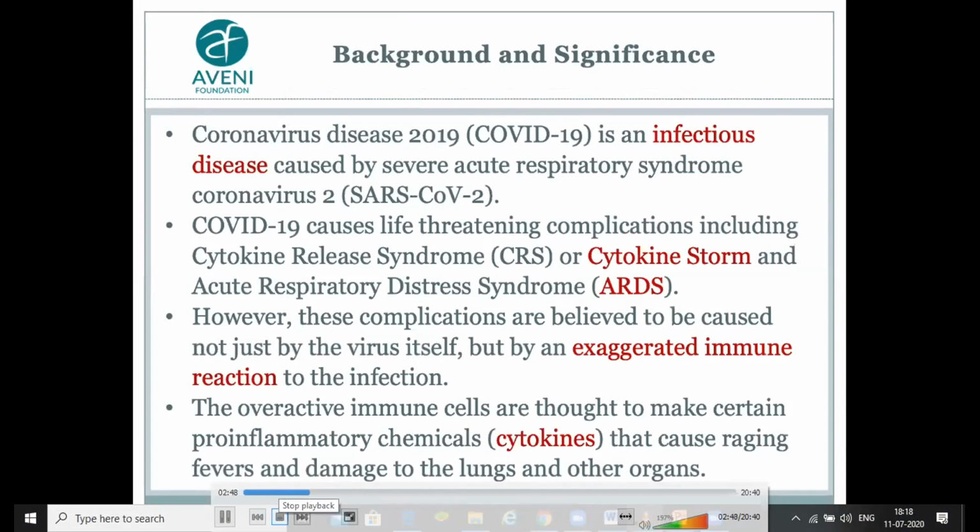Pro-inflammatory chemicals or cytokines that cause raging fevers and damage to the lungs and other organs.